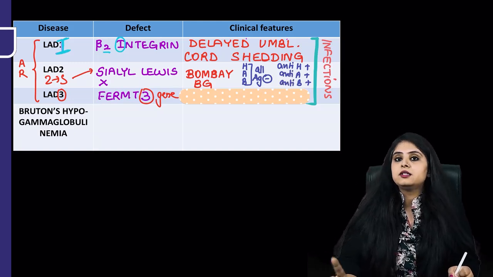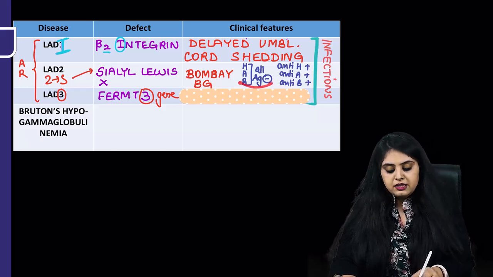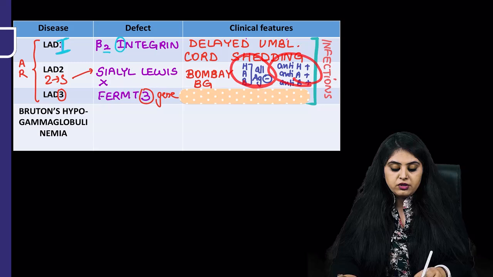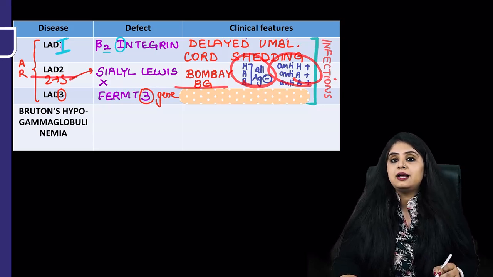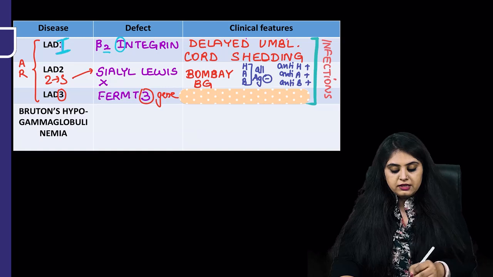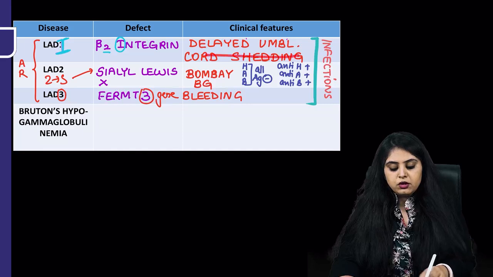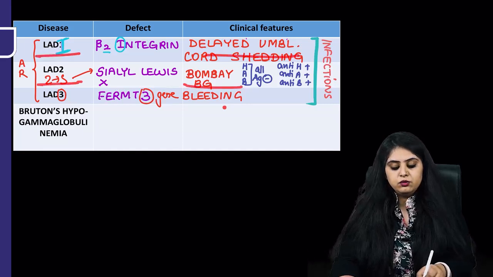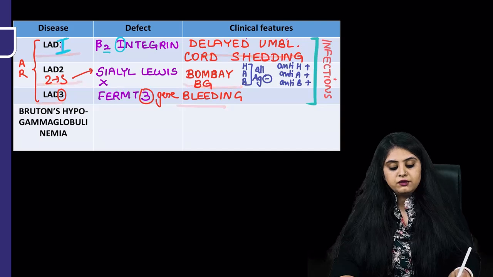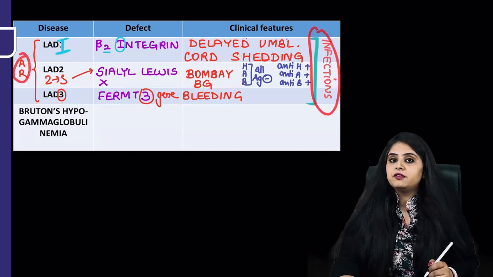I have explained this better in the blood banking chapter. If a blood doesn't have any antigens and has all antibodies, that is Bombay blood group related to LAD2. Coming to LAD3, in this the child will have lots and lots of bleeding manifestations. So umbilical cord problem LAD1, Bombay blood group LAD2, bleeding problem LAD3. All three of them are autosomal recessive, all three of them have infections.